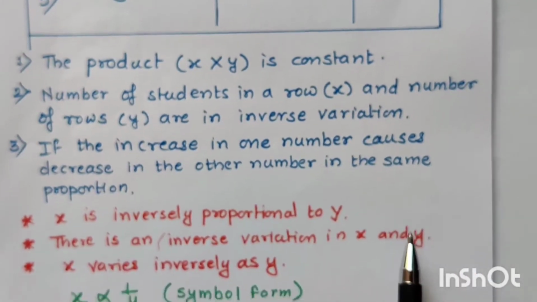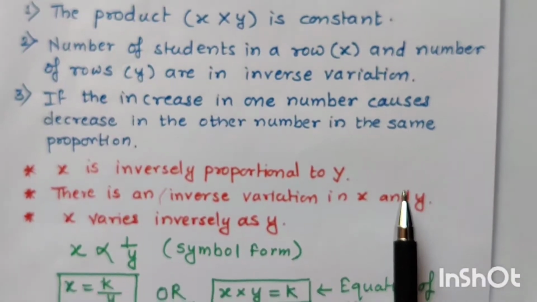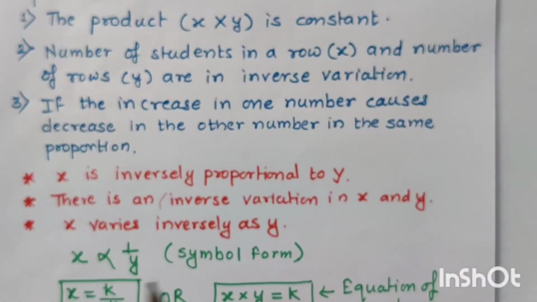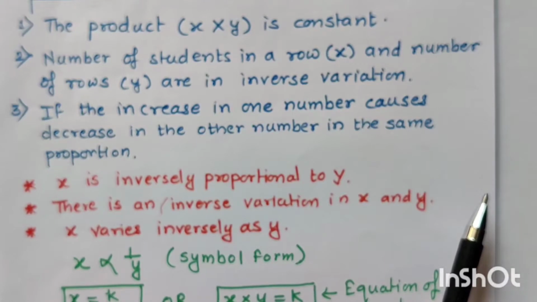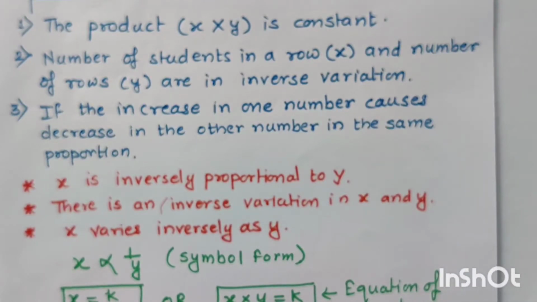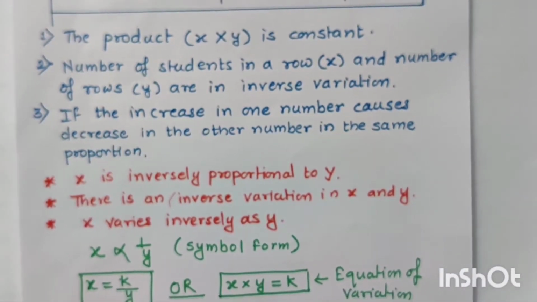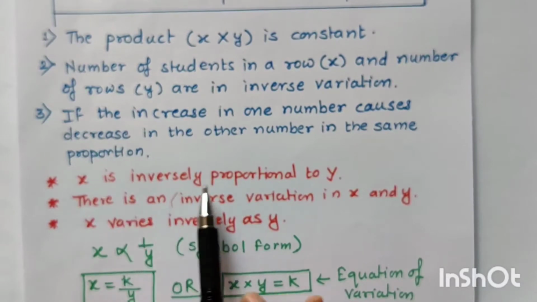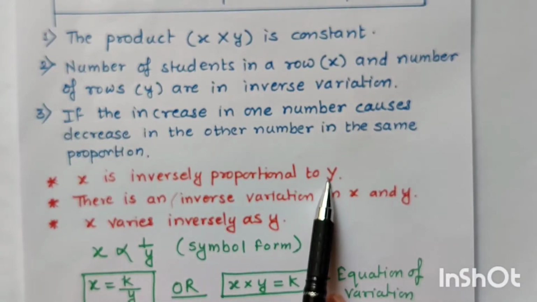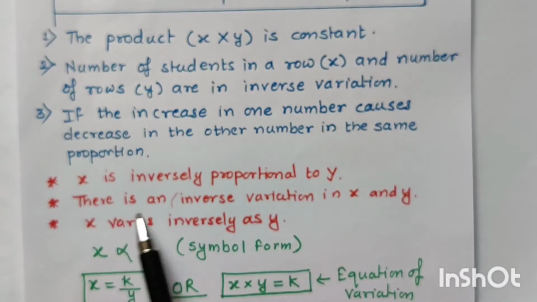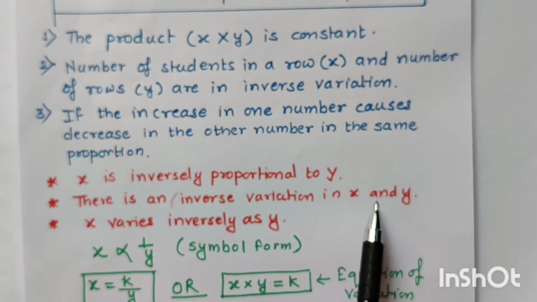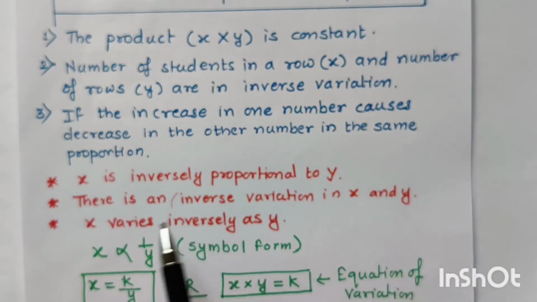So let us see how to write it in statement form. In statement form, we write it as: x is inversely proportional to y, or there is an inverse variation in x and y, or x inversely varies as y.